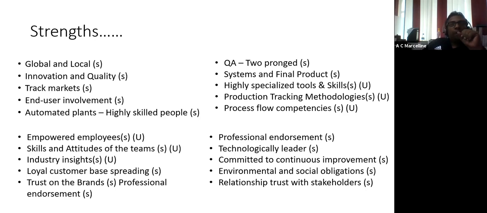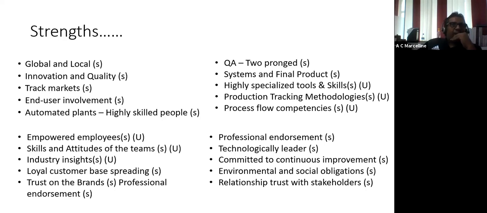What do you mean by empowered employees? It's like in the Toyota plant, each and every employee can make a decision. Now, they are highly skilled people, automated plants. So if they see any flaws coming up in between, they can stop the entire line. Mind you, they produce 60 vehicles a minute.